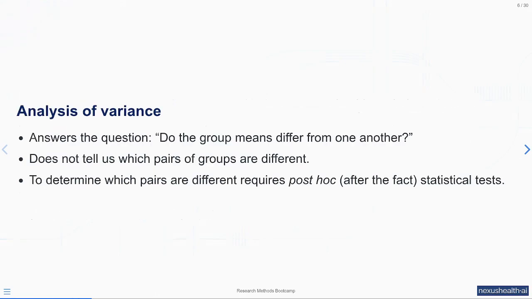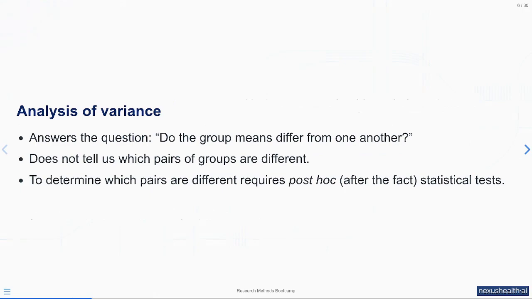Well, this is where analysis of variance helps us. Analysis of variance answers the questions: do these groups differ from one another? In other words, do the group means differ from one another? However, ANOVA does not tell us which pairs of groups are different. So for us to determine which pairs are different, it will require us to do post-hoc statistical tests.